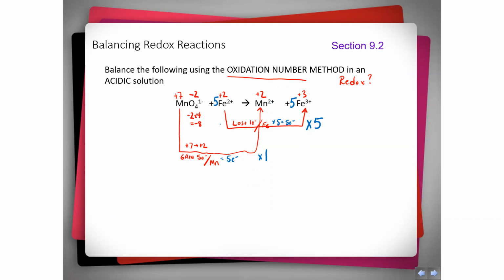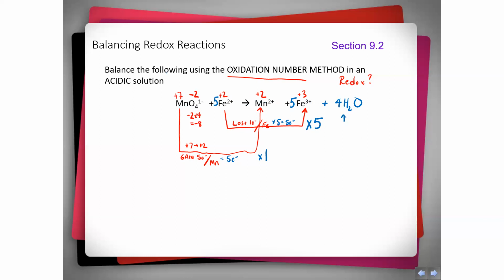Okay, so I'm good. Now, the only thing that's left is to look at oxygen. On my reactant side, I have 4 oxygens, and on my product side, I have no oxygens. So I'm going to go ahead and add 4 waters. Now my oxygens are balanced, but hopefully you see I've got a new problem. I have introduced 8 hydrogens over here.